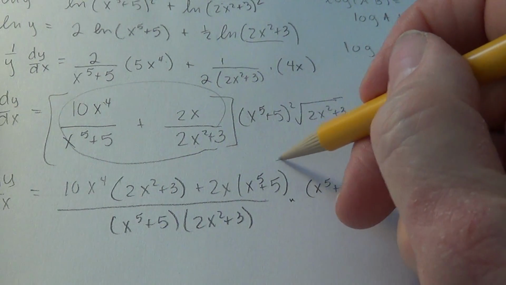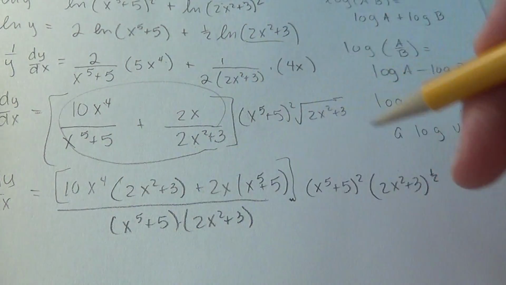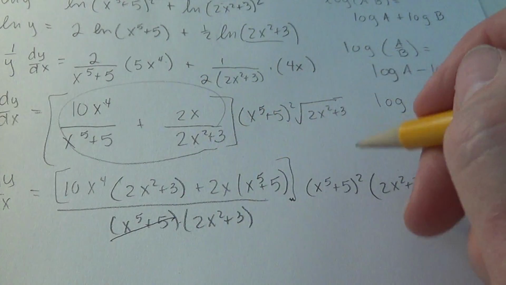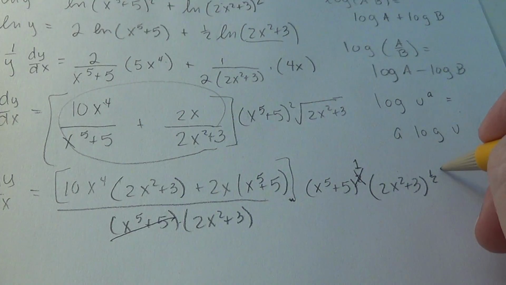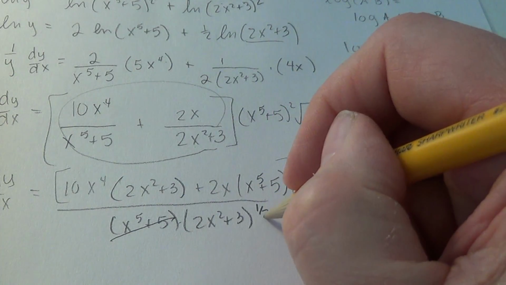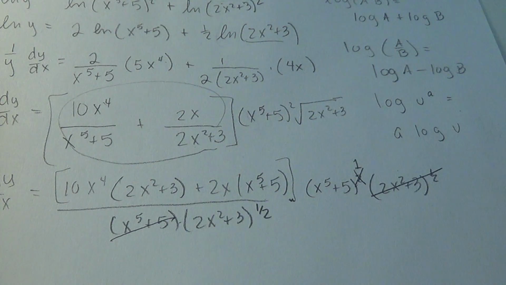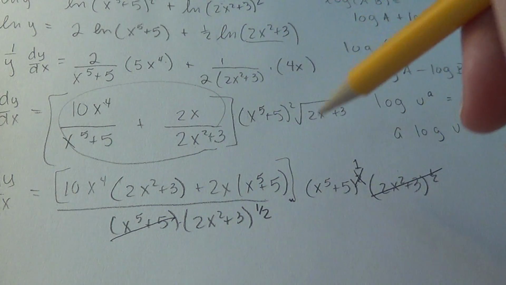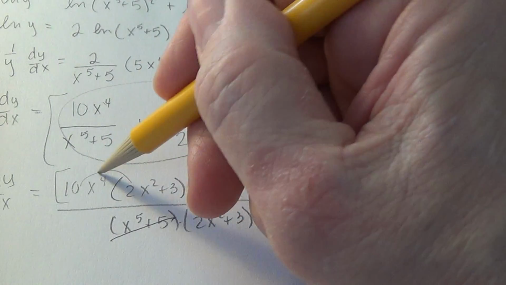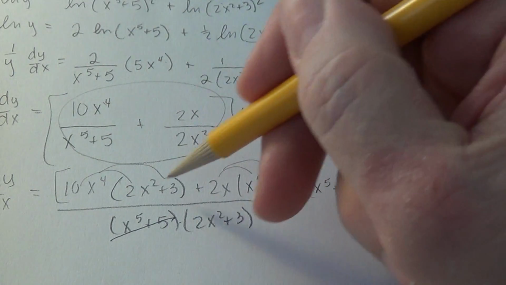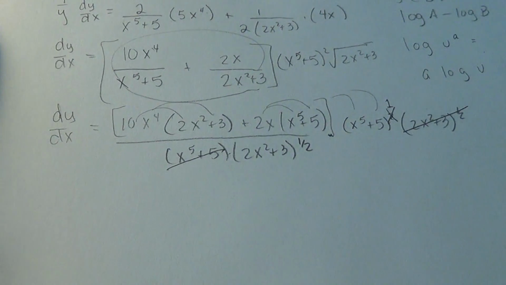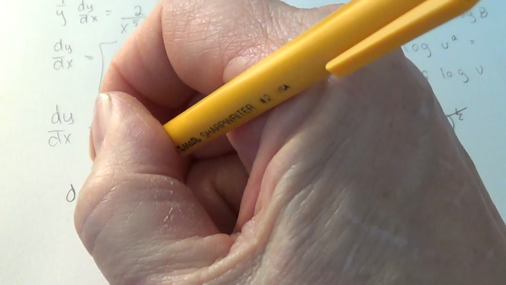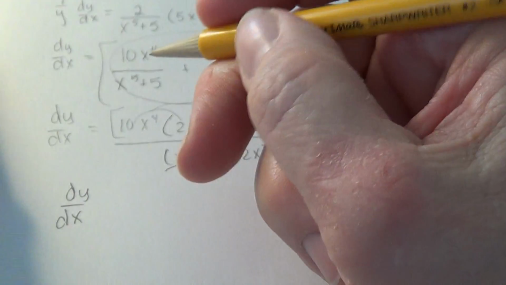All right, so we have this over this times this. So this will cancel out one of these, and this I'll move down here, and it'll cause this to be 1/2. So the only thing left is for me to multiply this out, and whatever I get in here, I multiply this out. So I did all that, but I'm not going to take up video minutes to show you.